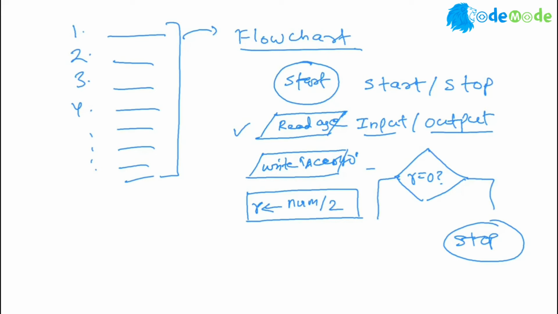So at a high level, we talked about start and stop, both ovals. Input and output, both parallelograms. A rectangle is for all your processing. This diamond is for a question or decision.